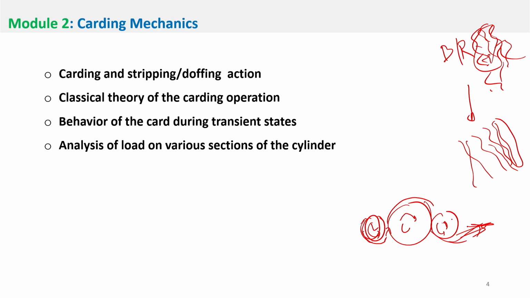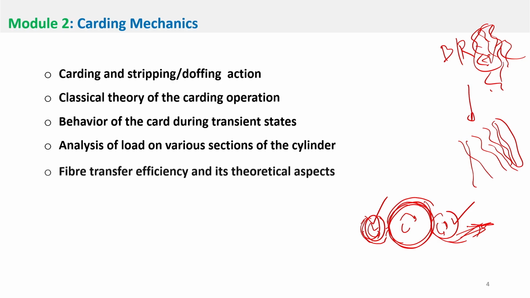In doffer and Licker-in the continuous fibers are not there, but in the cylinder you will see fibers wrapped throughout. So it is important to know the loading of the cylinder, that we will discuss in this section.